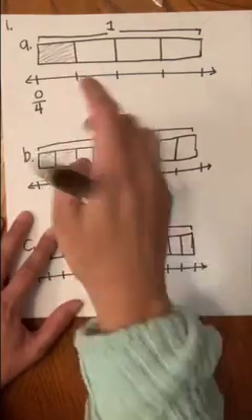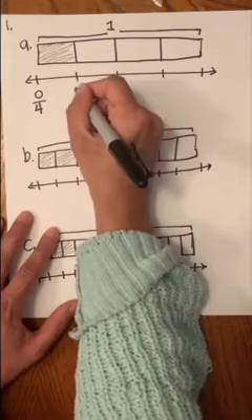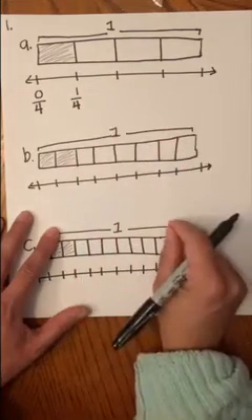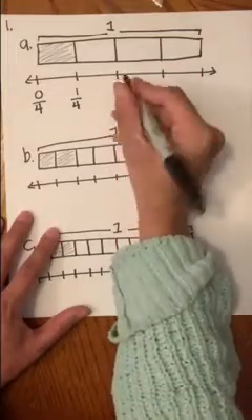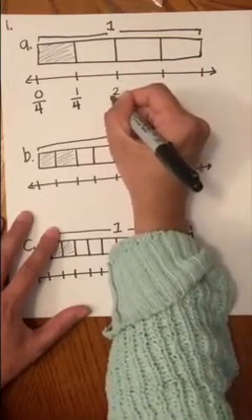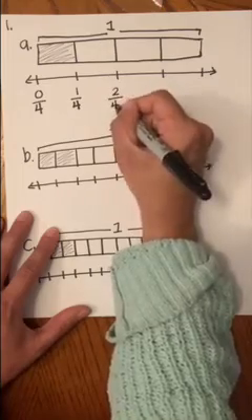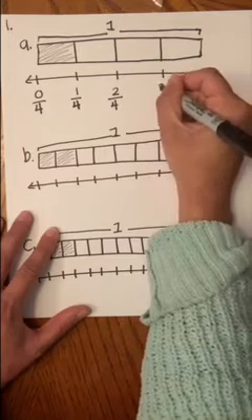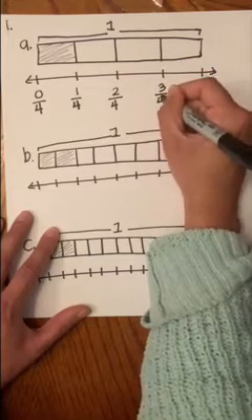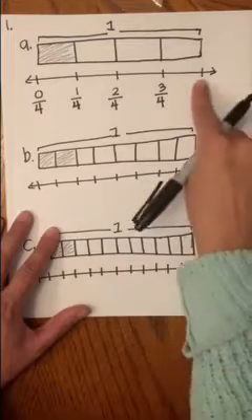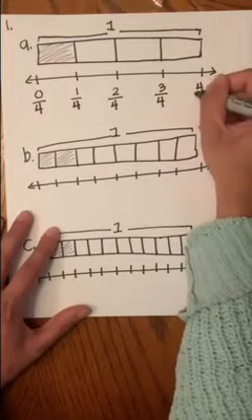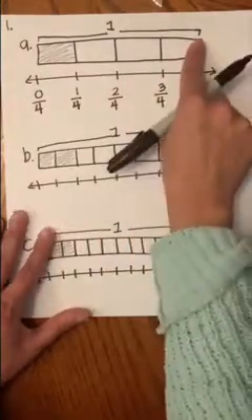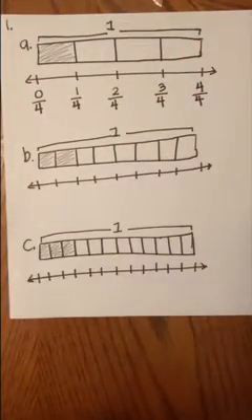I'm going to go ahead in here and write 1/4. I'm going to write here 2/4. I'm going to write 3/4 and 4/4, which means the whole, right? Agree or disagree?